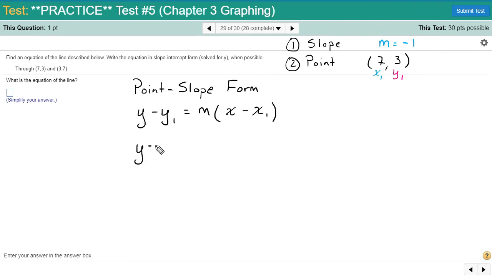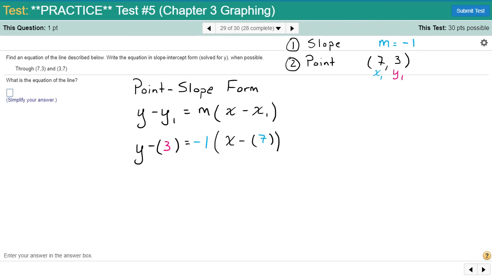So we have y minus, and what's y sub 1 based on the point we chose? That would be 3 is equal to m, and based on the algebra we performed, we know that m worked out to be -1, so we'll substitute that value in, times the quantity x minus x sub 1. And what is x sub 1 based on the point we chose? Well, that's going to be 7.